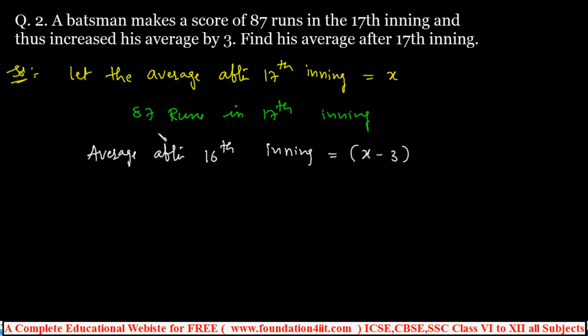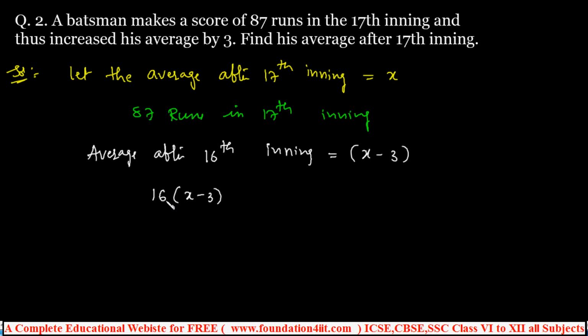So we can make one statement here. 16 is the number of observations. We already saw the previous formula: sum is nothing but number into average. So 16 into (x minus 3) is the total score up to the 16th inning.